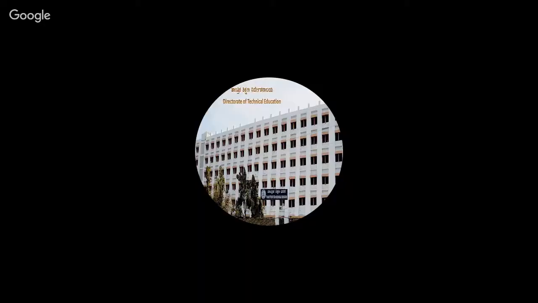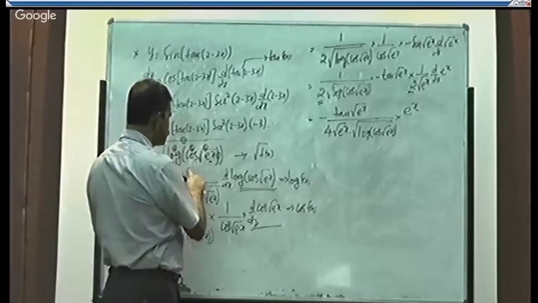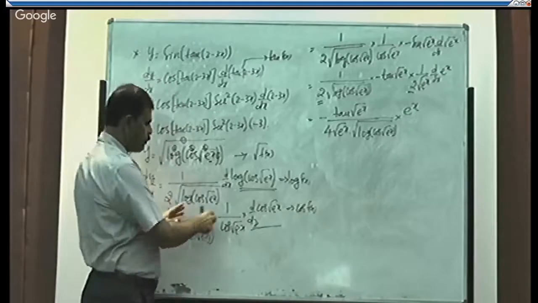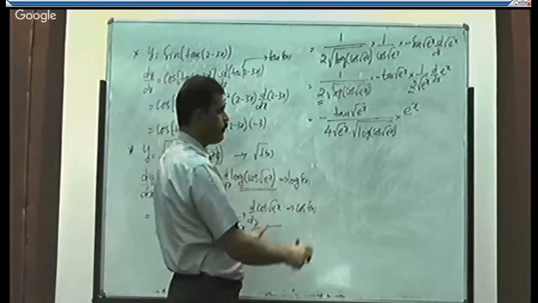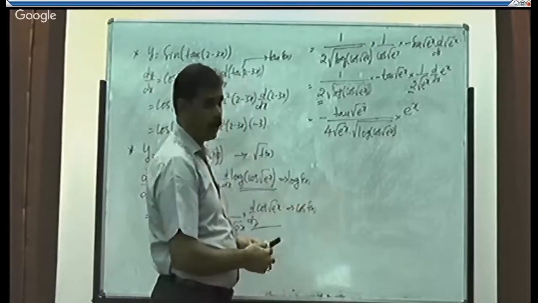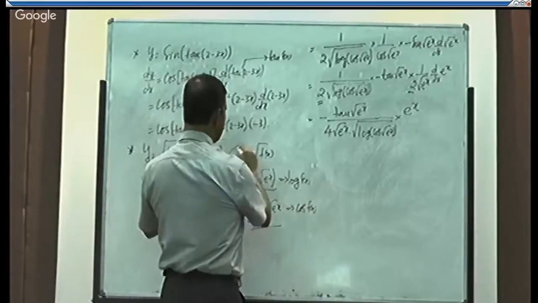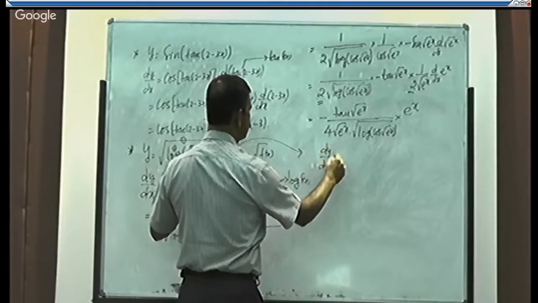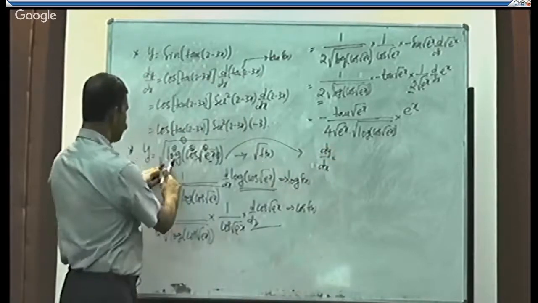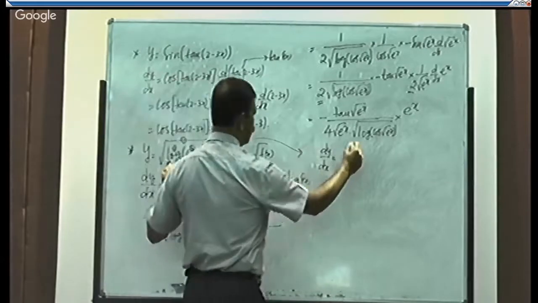In chain rule, you can do it in a single line instead of writing at every stage d by dx of function, d by dx of function. We can write directly. See how we can write dy by dx is equal to root of function. You write directly for root.